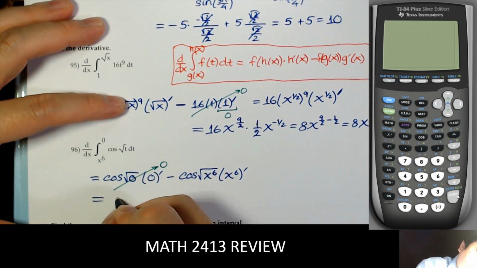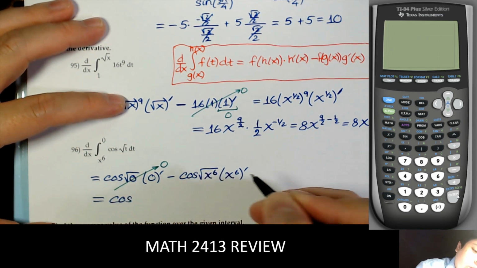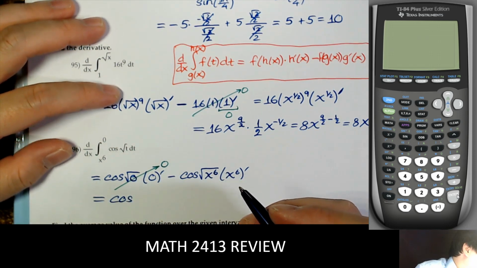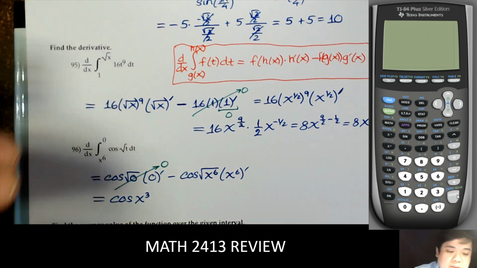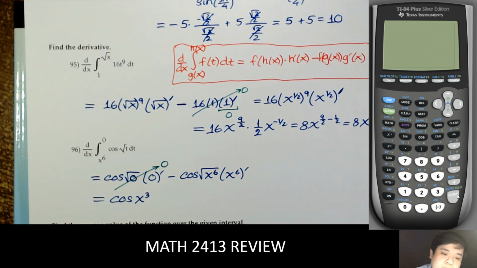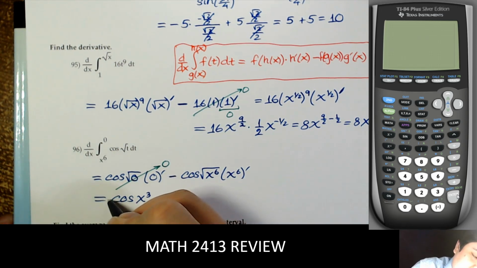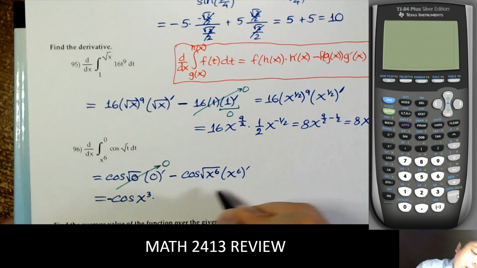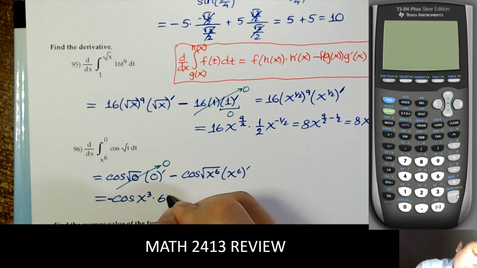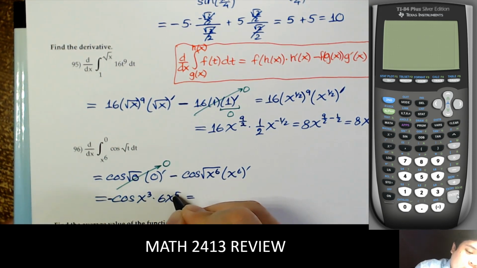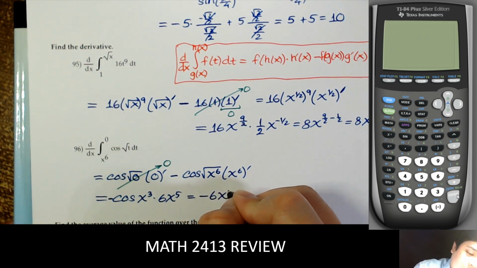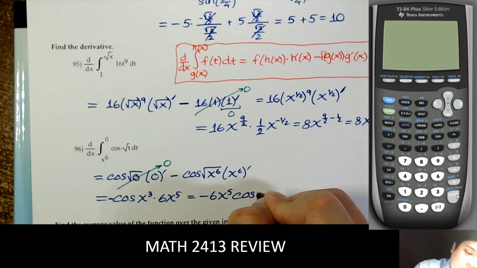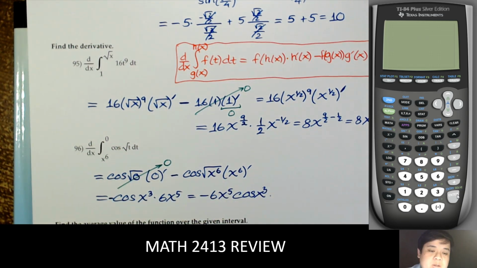So x to the 6, we have cosine square root of x to the 6 is x cubed. That's still negative, right? And then 6x to the 6 is 6x to the 5th. To rewrite, it's better to write this in front. So negative 6x to the 5th cosine of x cubed. So that's what we have.